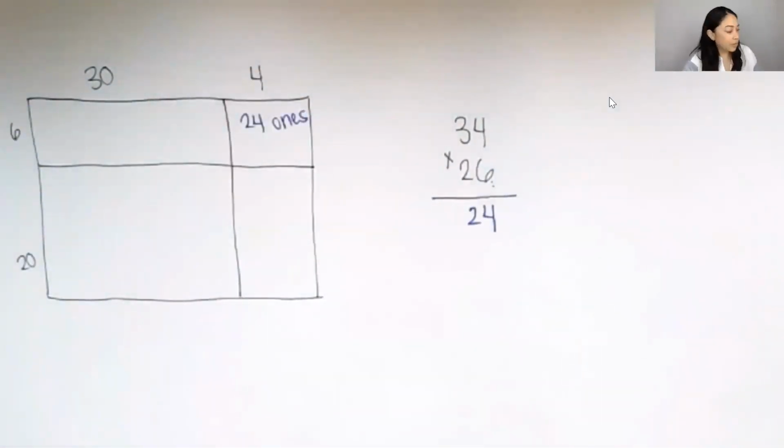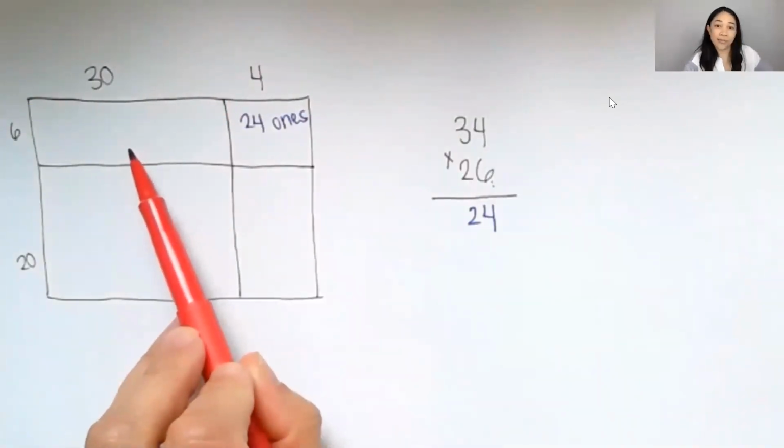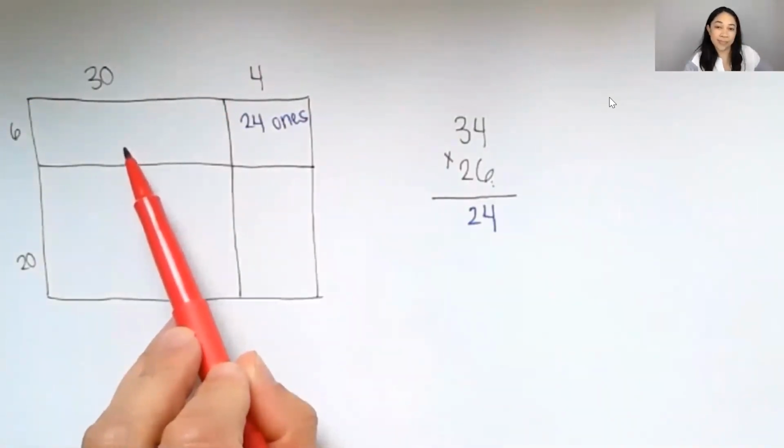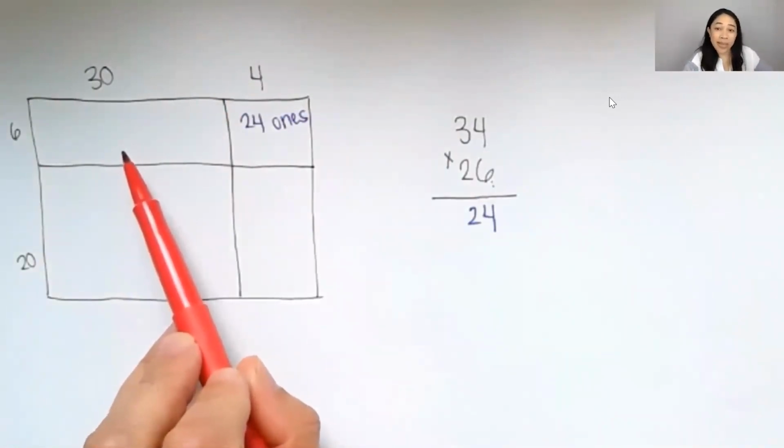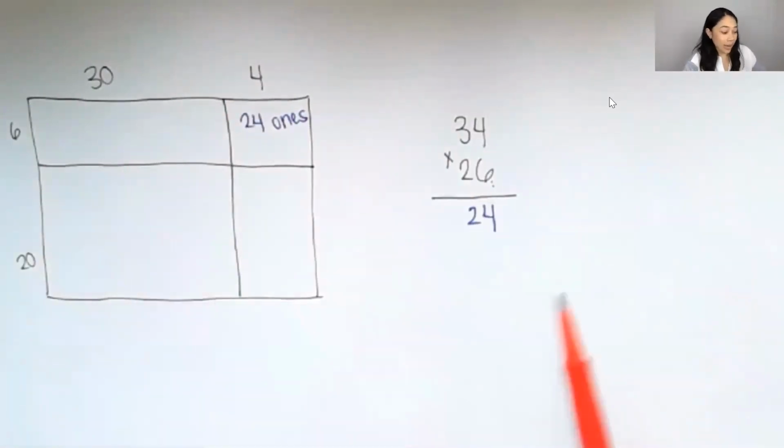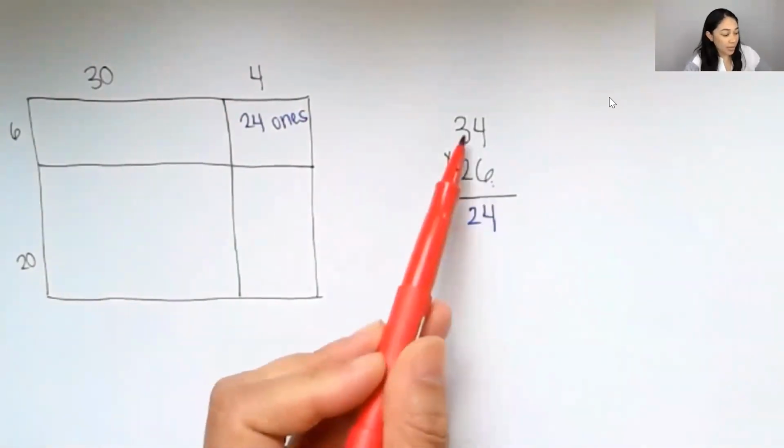Tell me the expression for this area. 6 ones times 3/10. Tell me, where are these numbers located in the algorithm? We can see 6 ones times 3/10 here.